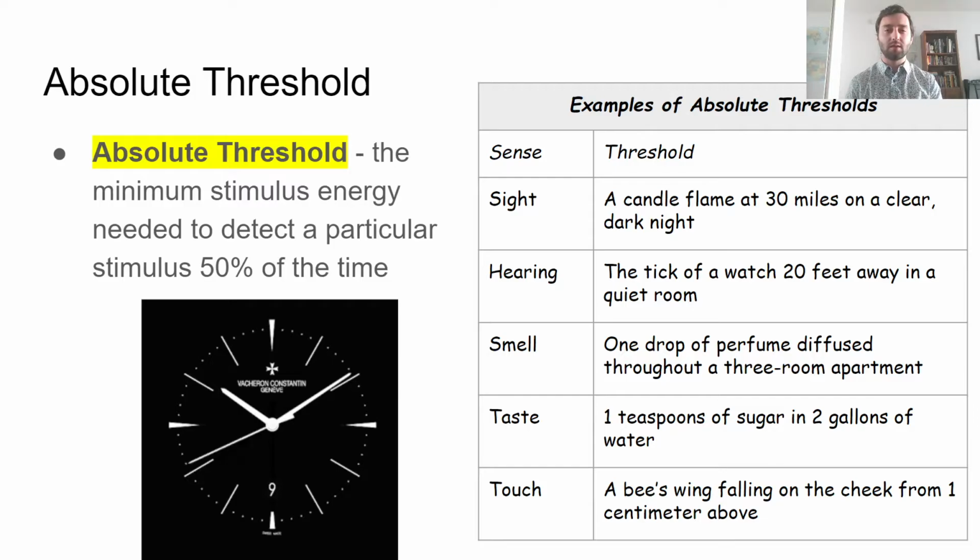It sounds a little weird. Very basically, the idea is what is the absolute minimum thing that we can sense. They do it 50% of the time, so it's basically like half the time we'll sense it, half the time we'll miss it. It's basically the limit of our sensory abilities.